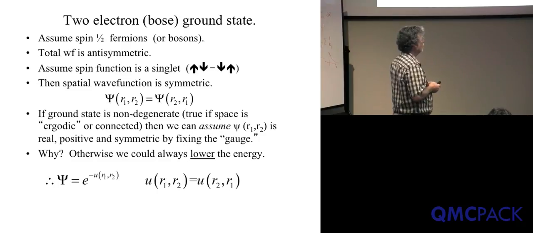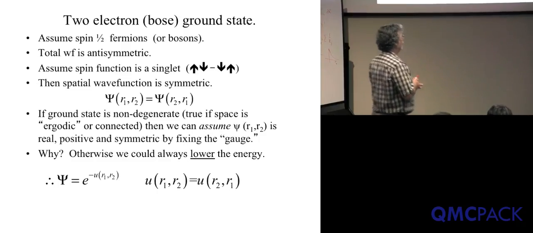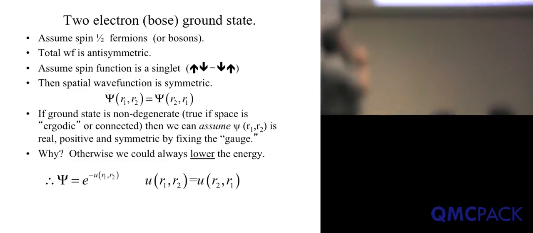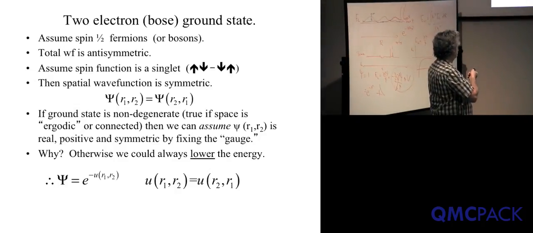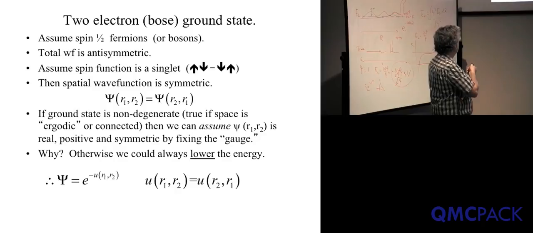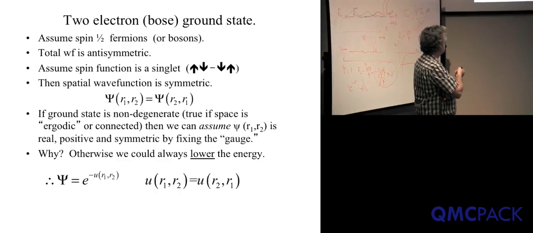Okay, and just to remind you of the two-electron ground state. If we have two particles, the total wave function has to be antisymmetric. If we assume that the spin function is a singlet like this, then the spatial wave function is symmetric.